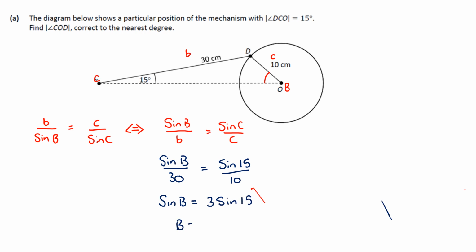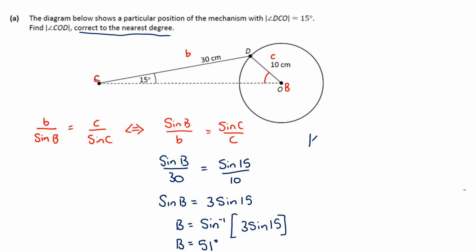That means B is equal to sine inverse of 3 sine of 15. Just double check that your calculator is back in degree mode if you changed it to radian mode for previous examples. And when you work that out, we get B is equal to, correct to the nearest degree, about 51 degrees.